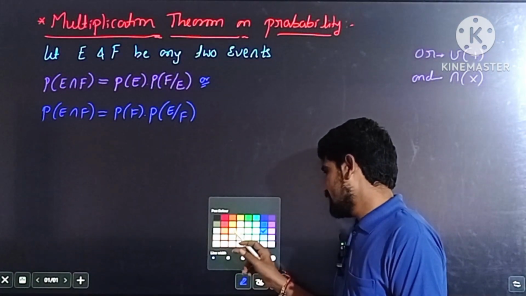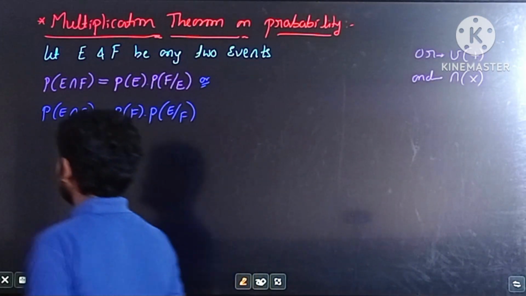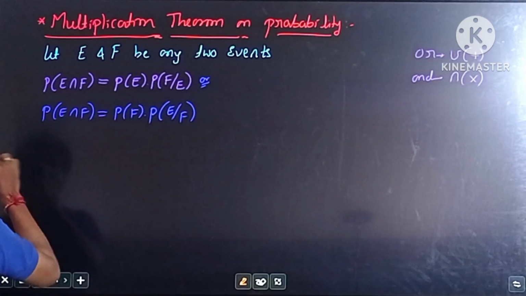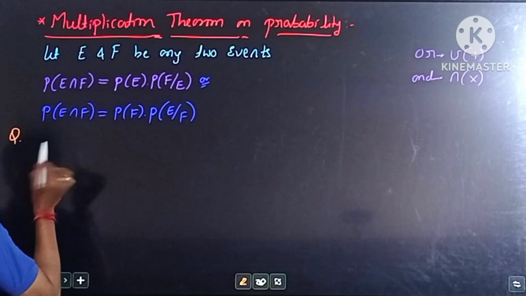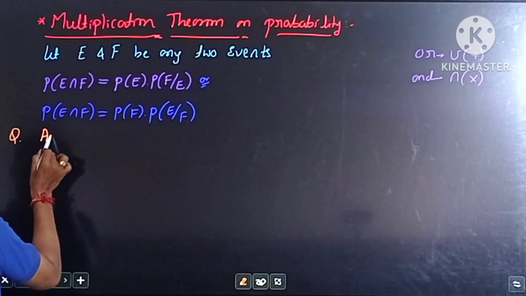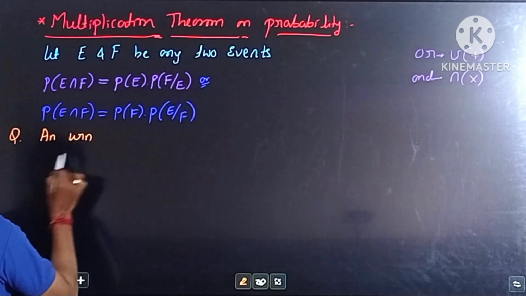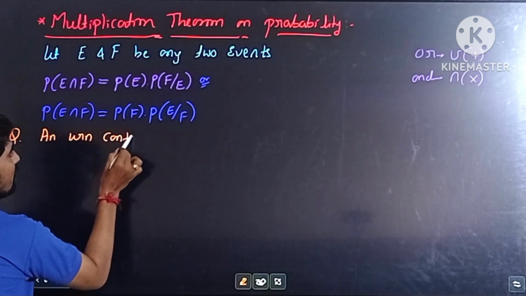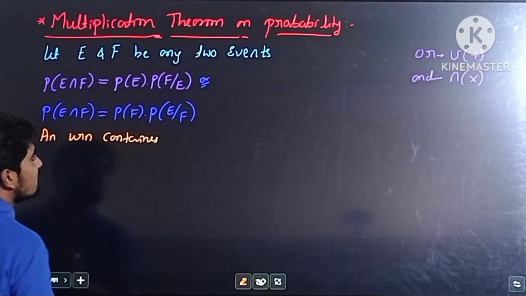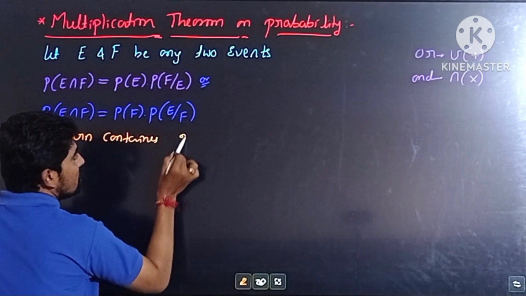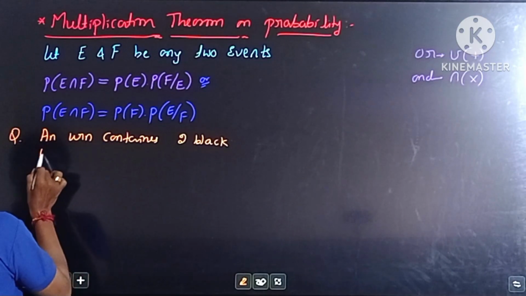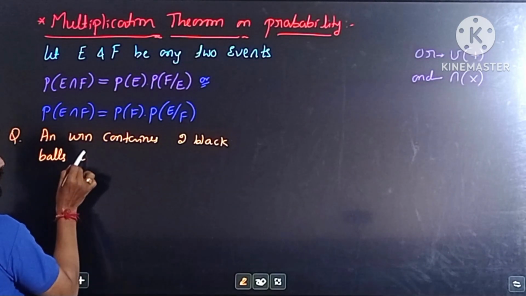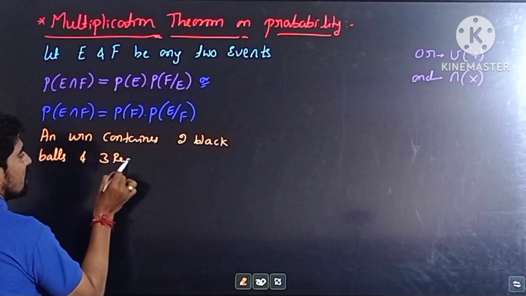So let us consider one example to understand this. An urn contains two black balls and three red balls.